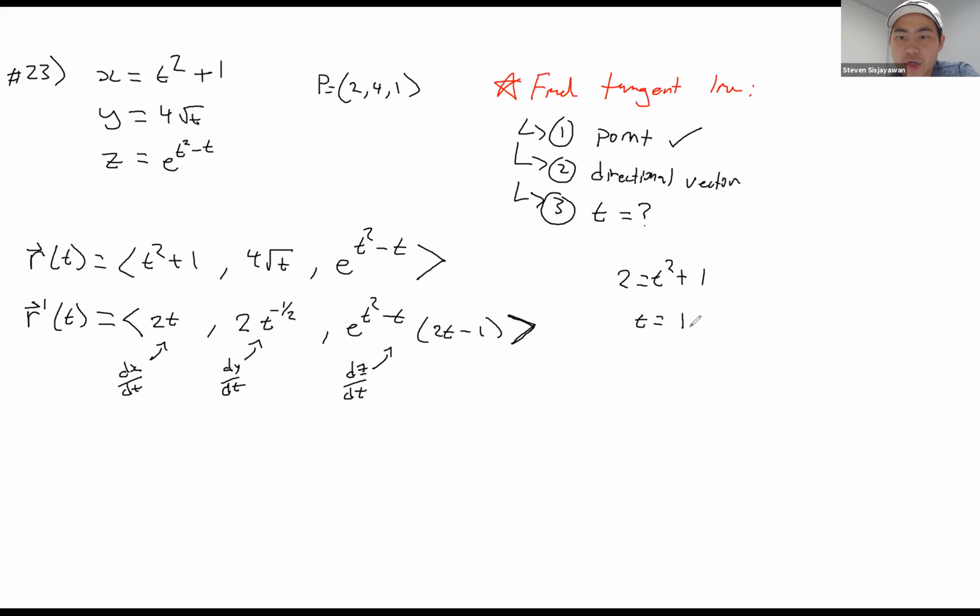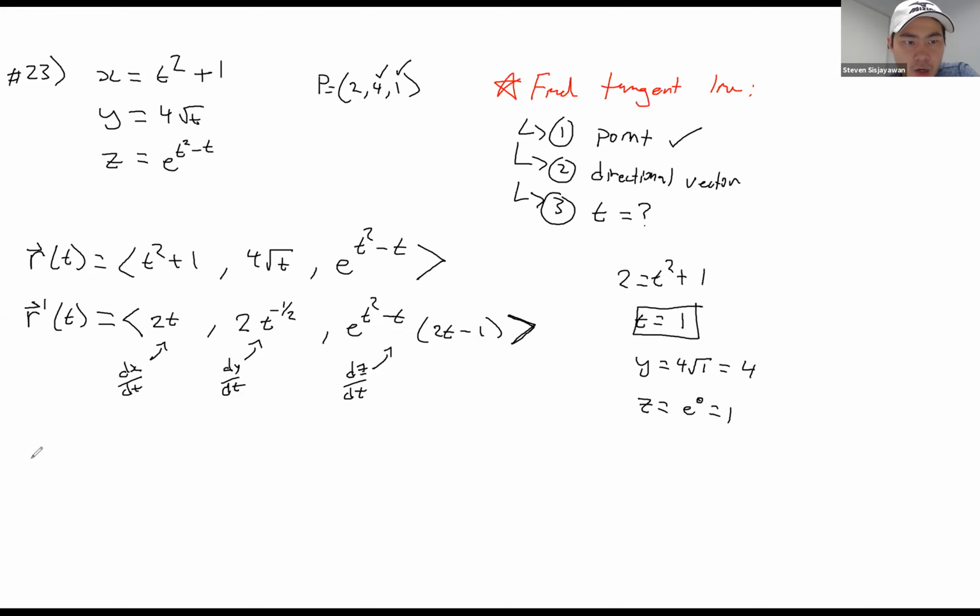We can verify that t equals 1 works with both y and z. If y is 4 times the square root of 1, that's 4, which matches the point. For z, e to the power of 0 is equal to 1, which matches. So our t value is going to be 1.